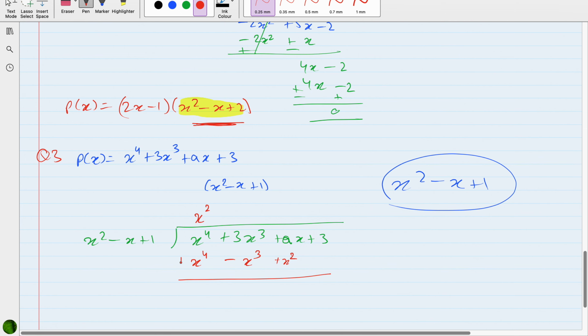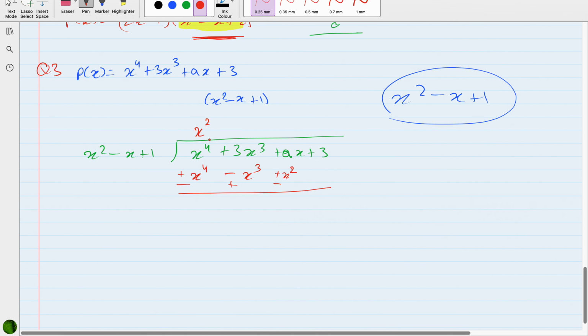Now we change the signs from plus to minus, minus to plus, plus to minus. When you add these, we get rid of this. Cube and cube is 4x cube. There is no term in x square, so it is just negative x square plus ax plus 3.